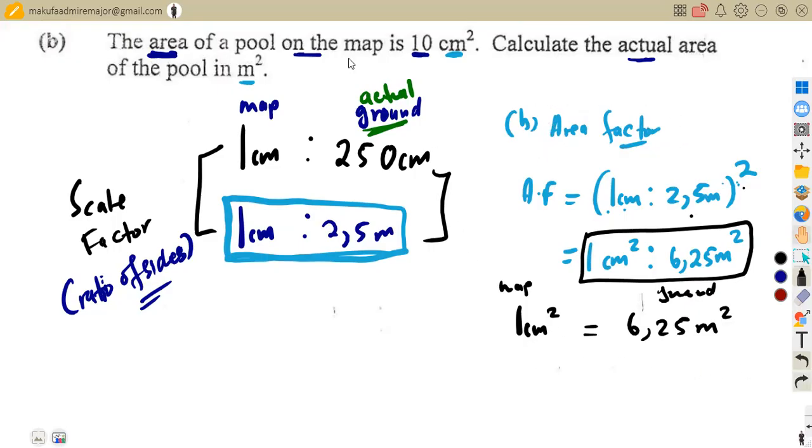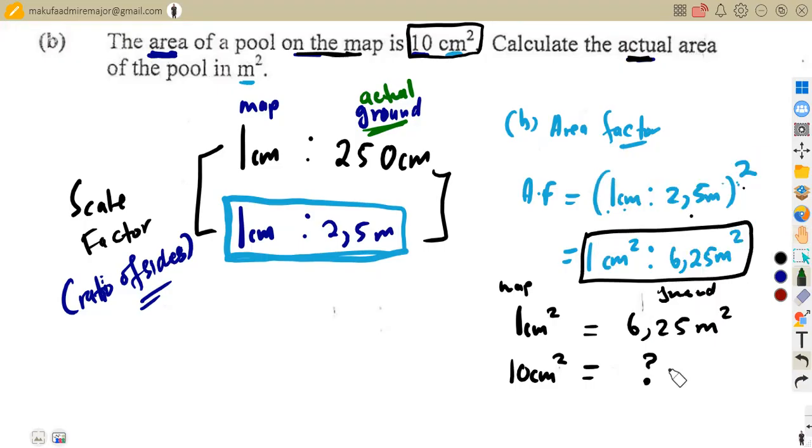So from this now, we can ask ourselves: on the map, we are given that there are 10 square centimeters. So if there are 10 square centimeters on the map, what is going to be the corresponding area on the ground now? The actual area is what we see on the ground. So it's a simple proportion again.